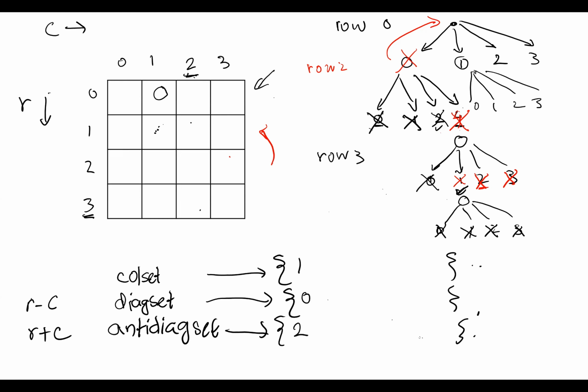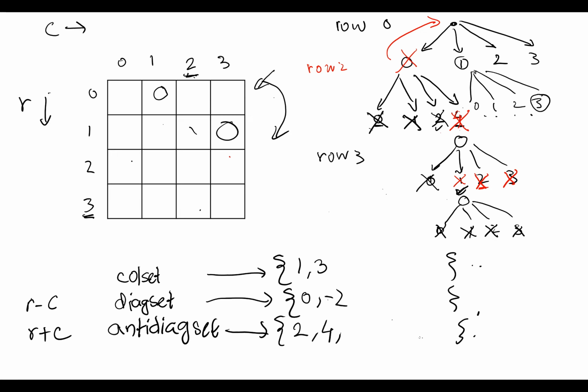And then from this, I move to the next row. 0 doesn't work. 1 doesn't work. This doesn't work, but this does work. So 3, this one does work.